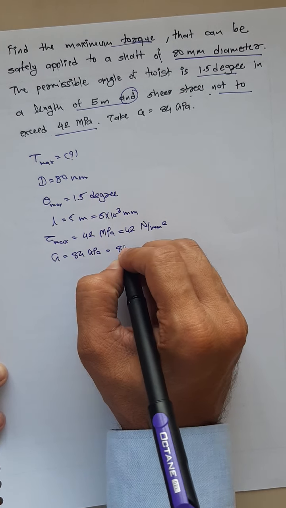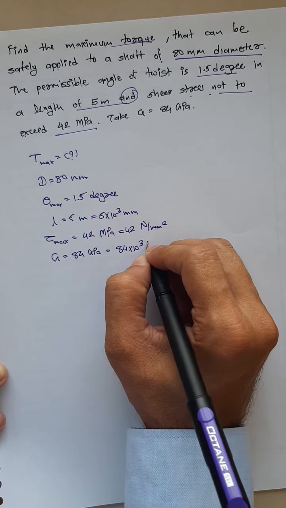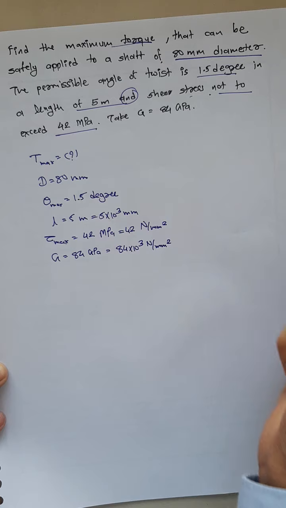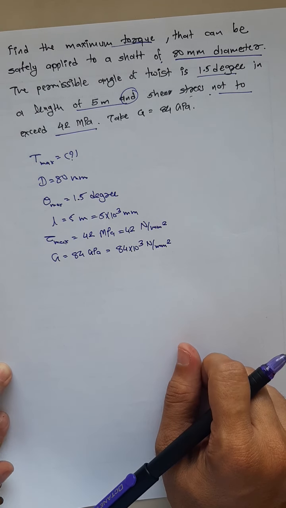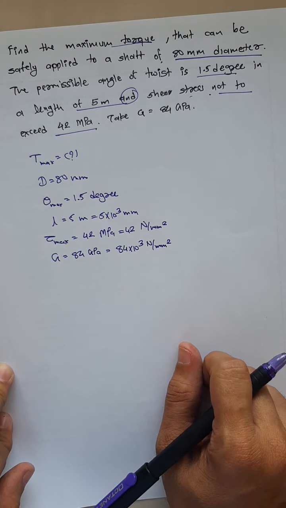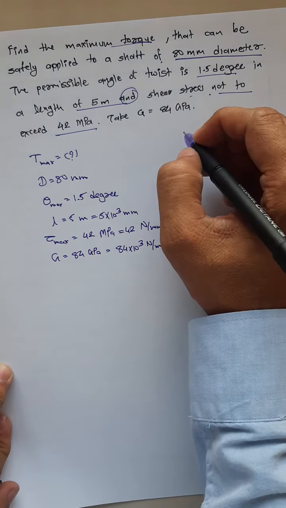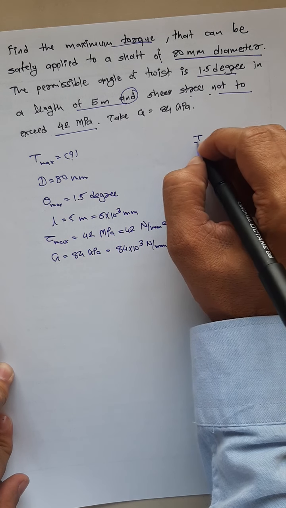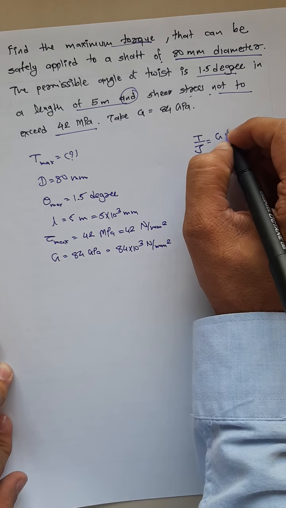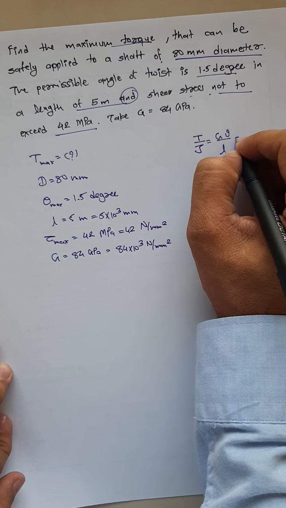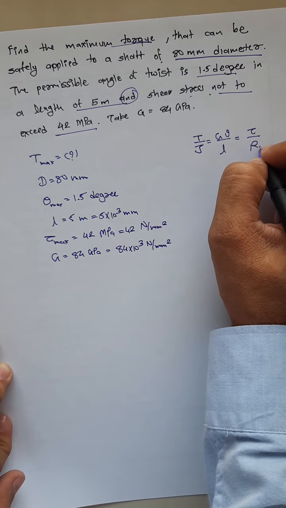So you can say 84 into 10 raised to 3 Newton per mm square. And you are required to find torque. So again I will write the same equation. T by J is equal to G theta by L is equal to tau by R.